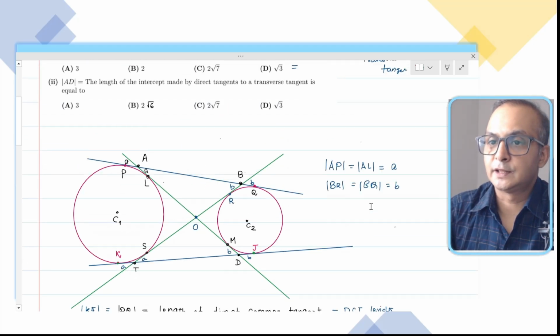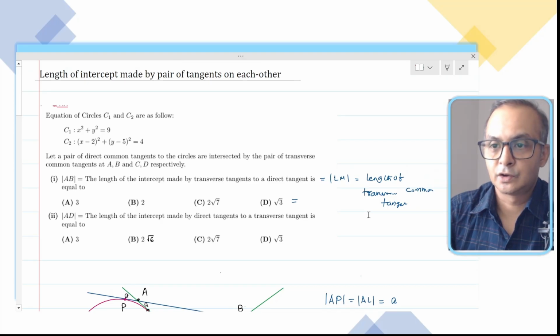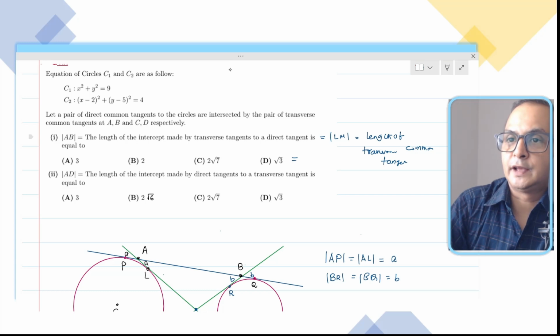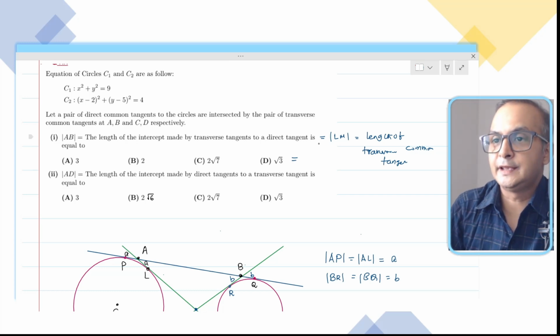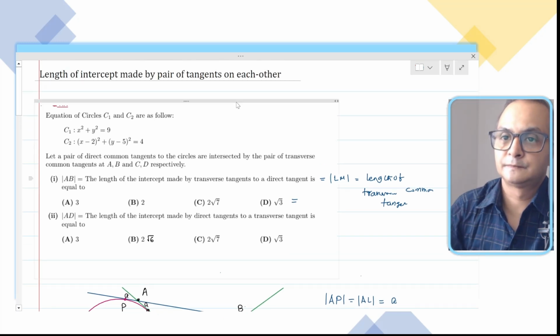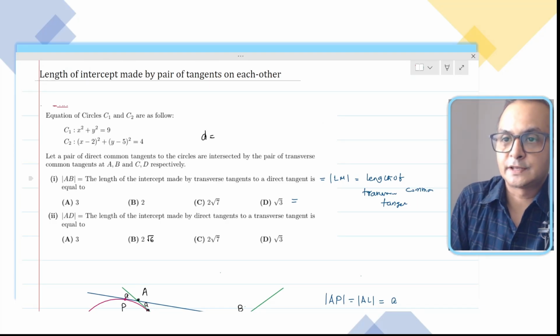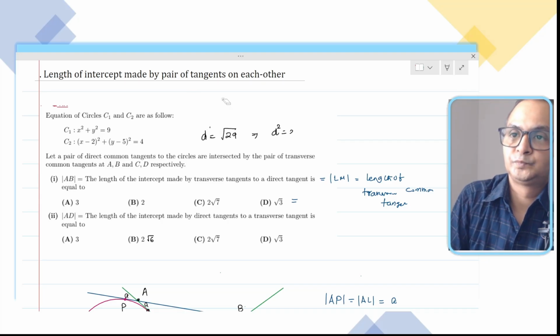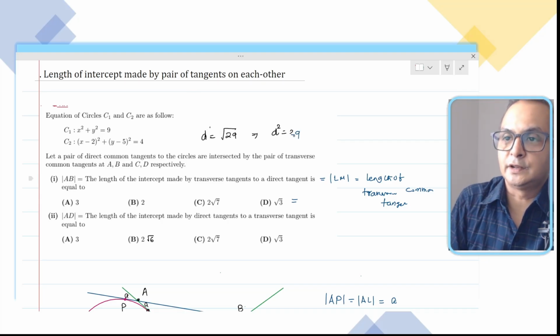So let's find it out, and then we go for the direct common tangent intercept. So for that, D is the distance between the centers, and the distance between the centers is 2 square plus 5 square, and I need D square, that is 29.